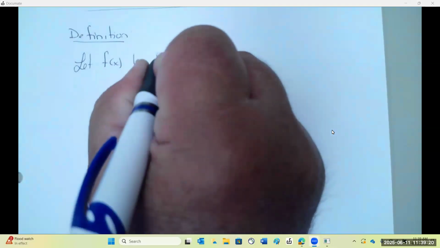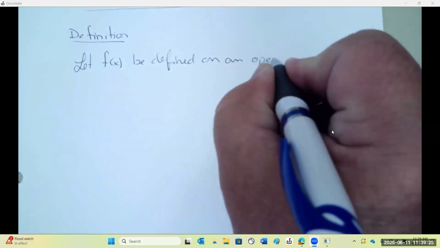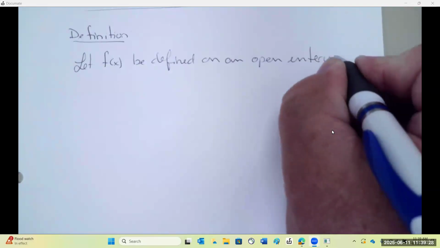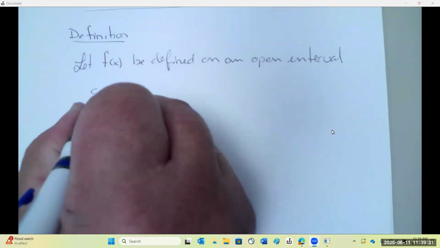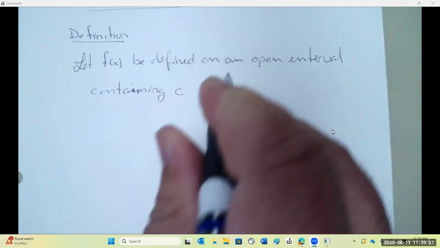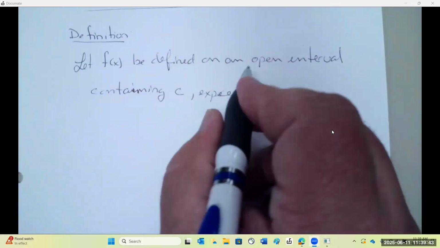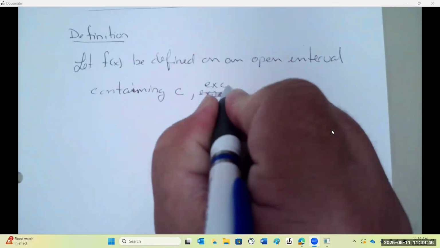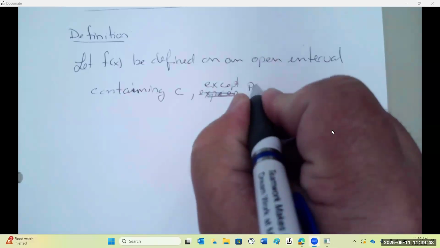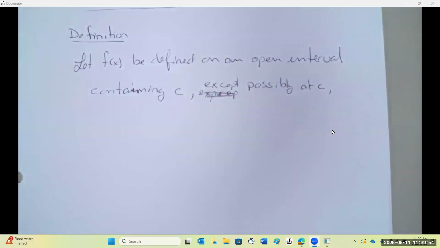So let our function f of x be defined on an open interval containing c except possibly at c.